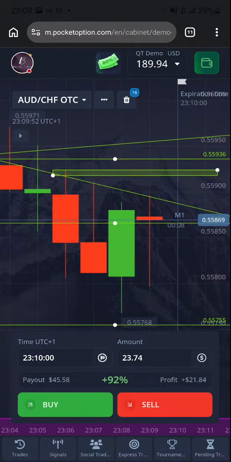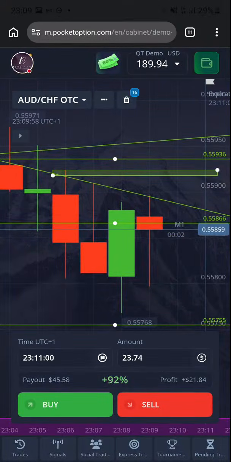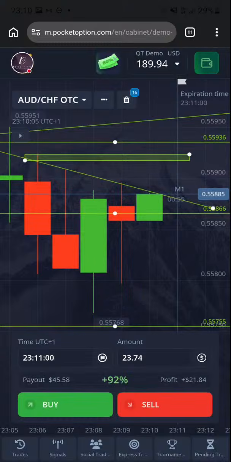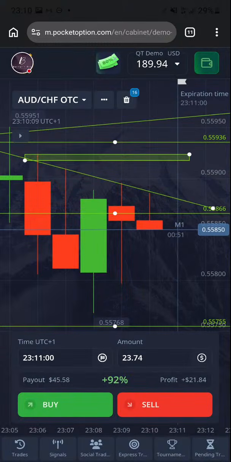So let's just wait for it. If it doesn't happen here now, it should happen in the next candle. Okay, so let's wait for it. You can see it barely just touched this common point of rejection and pulled back.